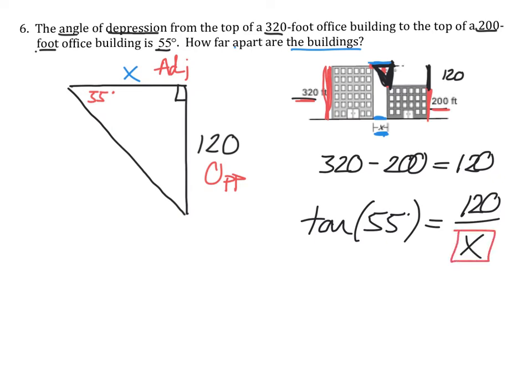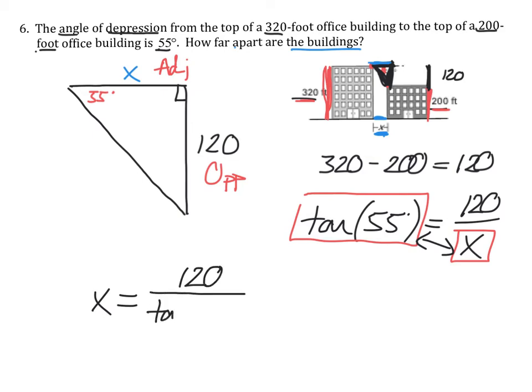My variable is in the second part of my ratio, or the denominator in this case. So I'm going to switch those two to help me solve for x. So it should be 120 divided by tangent 55.